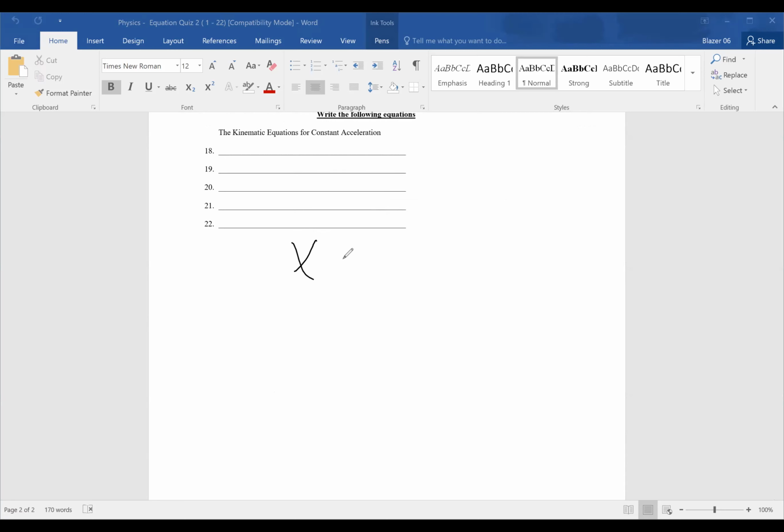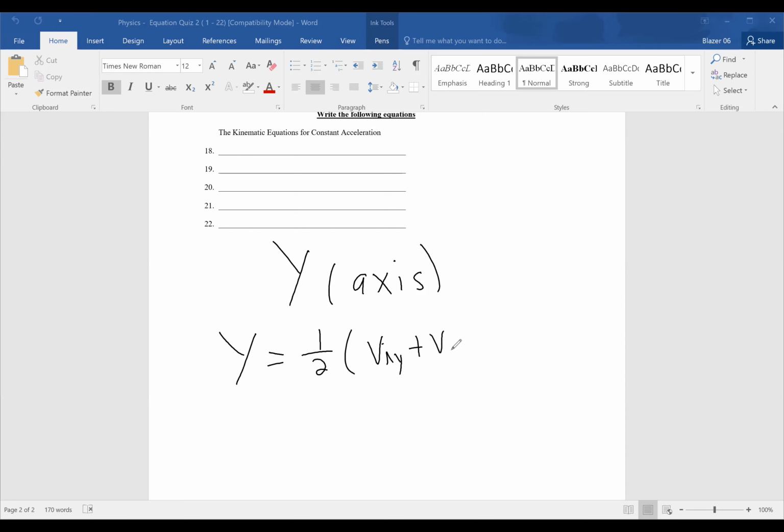So on the y-axis, same equations. We say y is 1/2 v initial in y, because we're talking about y now, plus v final in y times t.